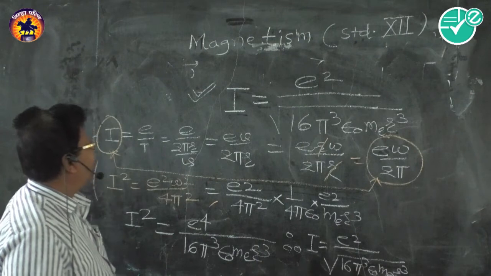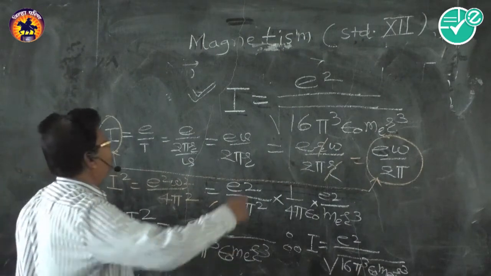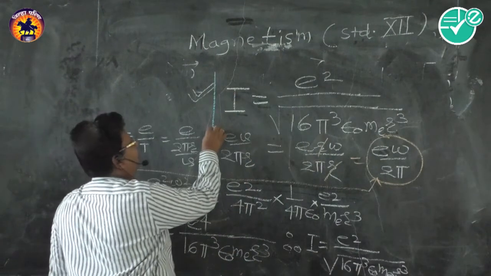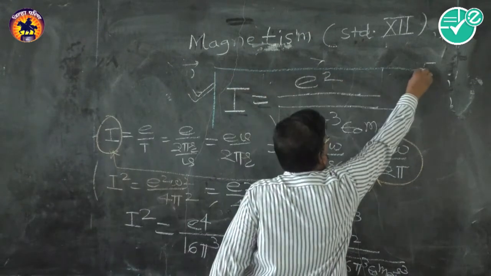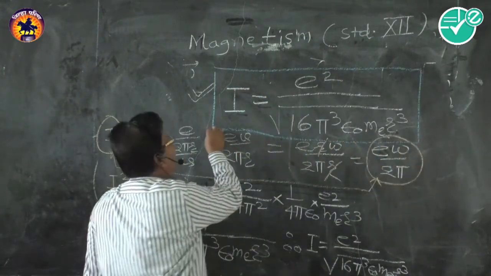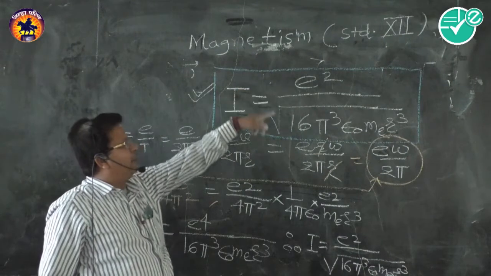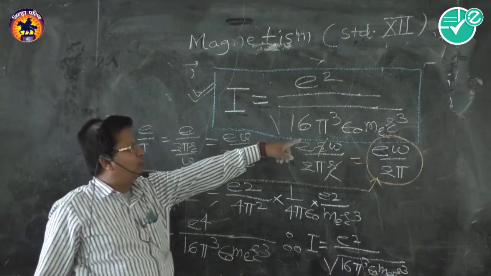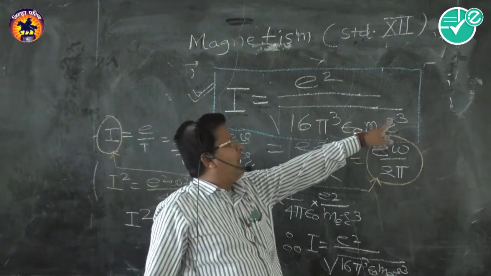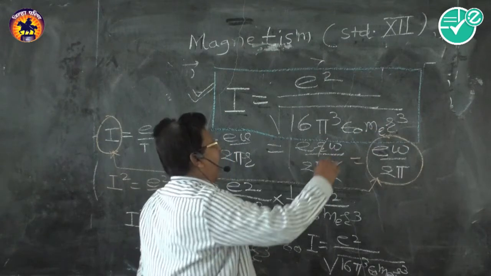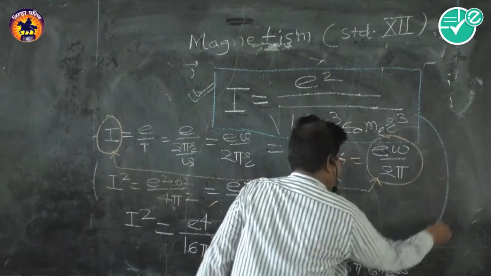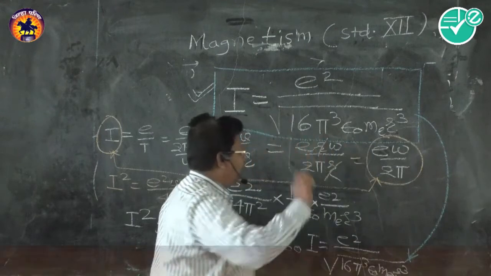And our aim is to show the orbital current is given by the formula I is equal to e square divided by under root of 16 pi cube epsilon 0 m e r cube, and we have succeeded in showing this.